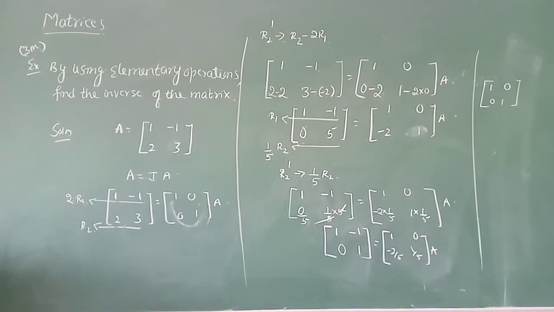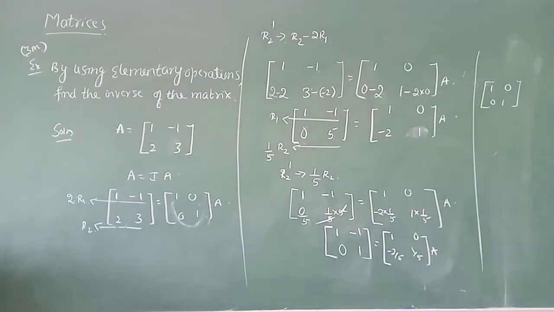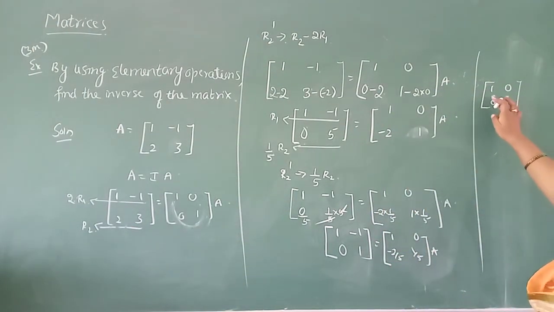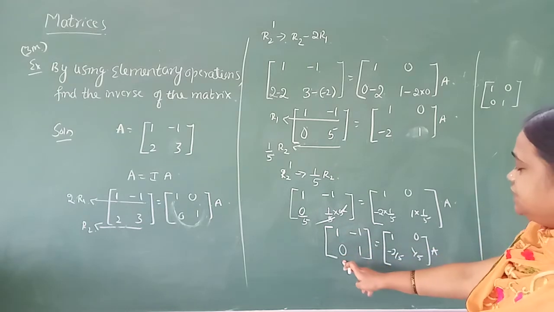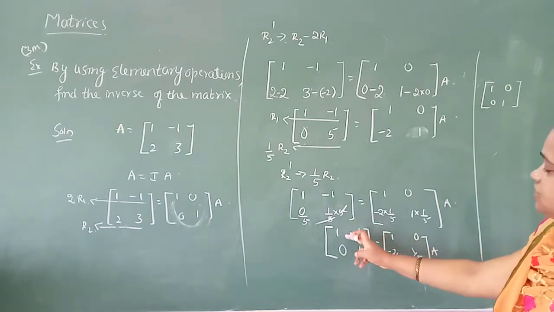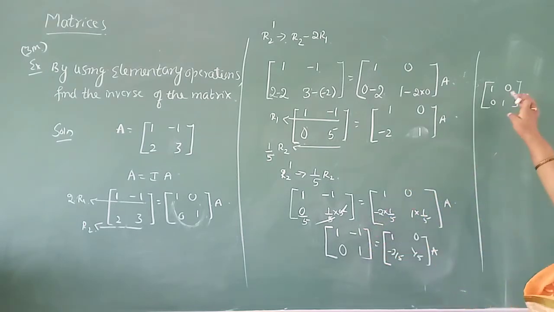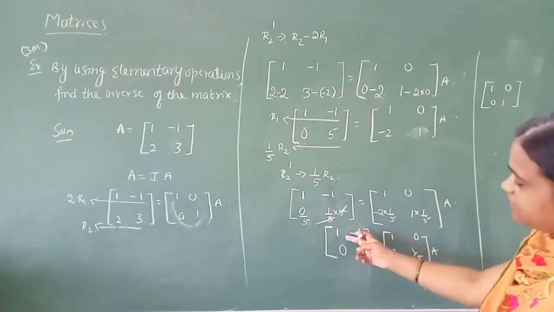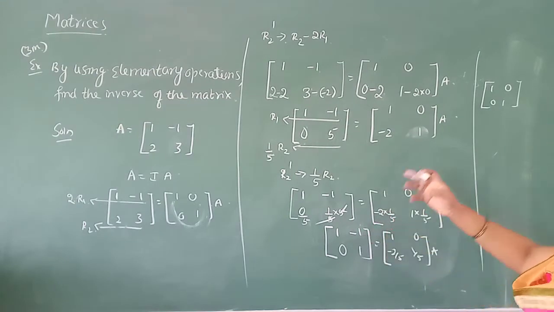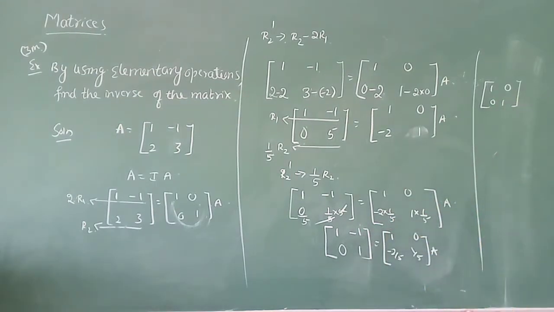Next, the last step. 1 is completed, see, 0 completed, 1 completed. Last, this minus 1 I want to eliminate, what it is, 0. Minus 1 eliminate, 0, so that I can get the identity matrix. Remember that.